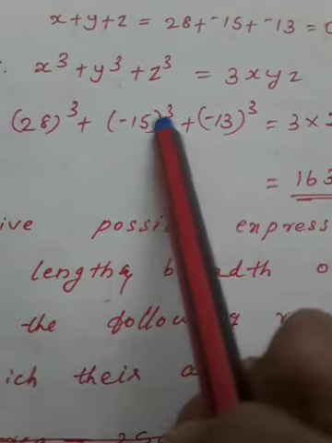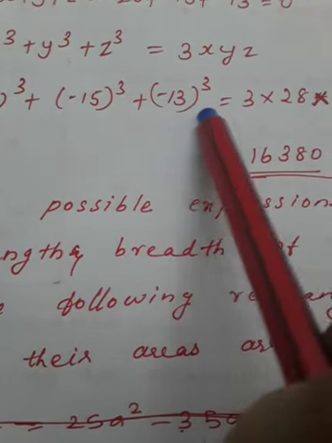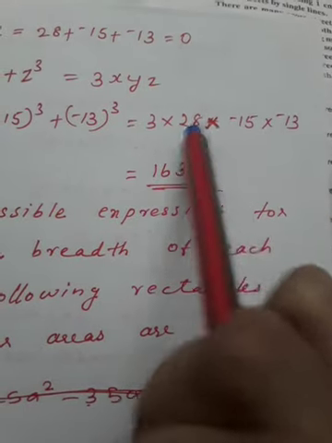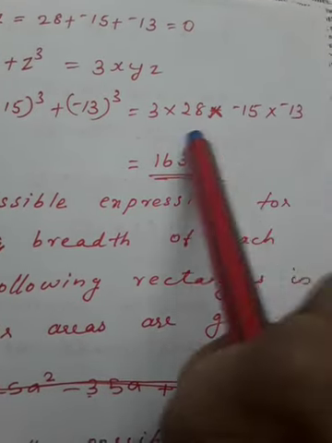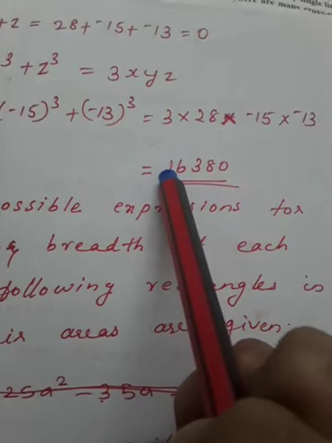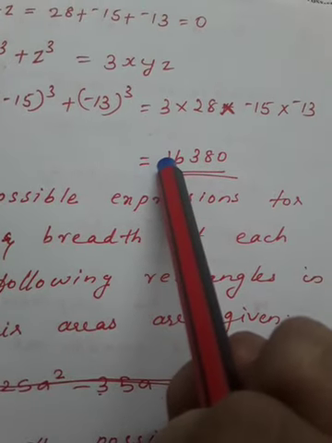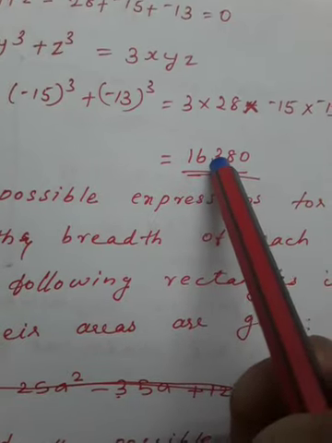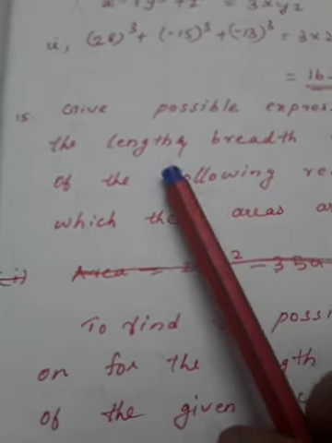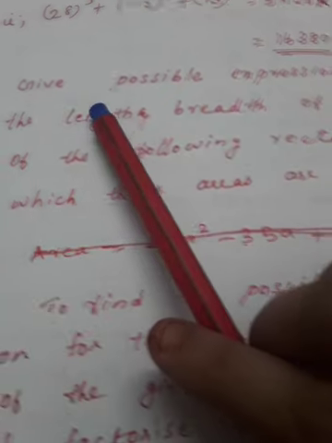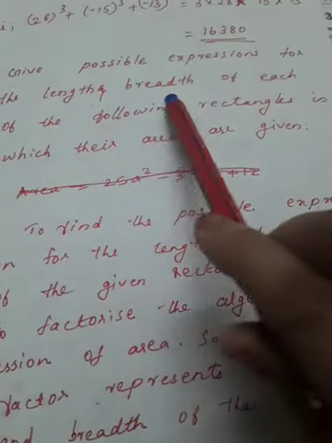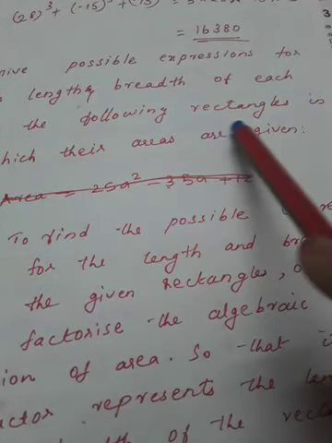So 28 cube plus negative 15 cube plus negative 13 cube equals 3 into x into y into z, 28 into negative 15 into negative 13. Multiply them, then we will get 16,380.